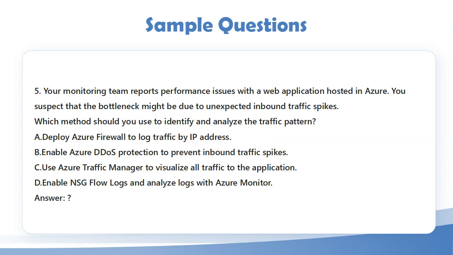B. Enable Azure DDoS protection to prevent inbound traffic spikes. C. Use Azure Traffic Manager to visualize all traffic to the application. D. Enable NSG flow logs and analyze logs with Azure Monitor.